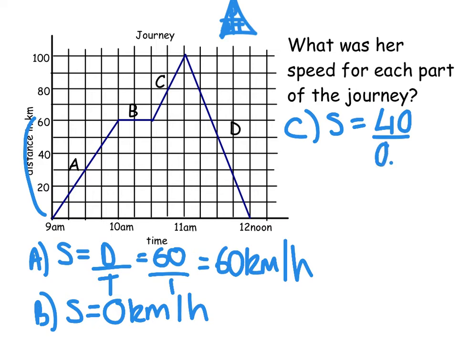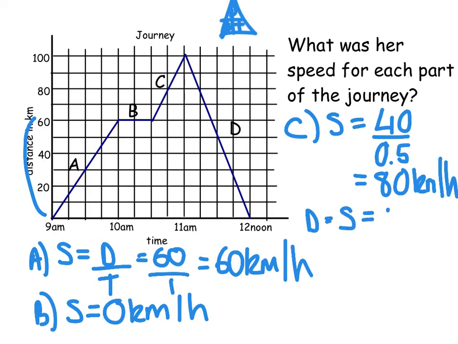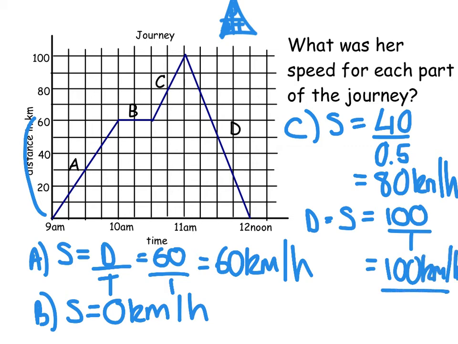So it's 40 divided by 0.5, which gives you 80 kilometres per hour. And on the last bit, part D, her speed back the way, her distance is a full journey, which is 100, and her time was exactly 1 hour, so her speed was 100 kilometres per hour.